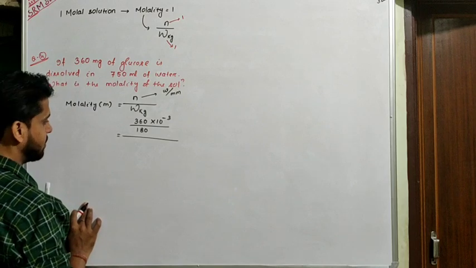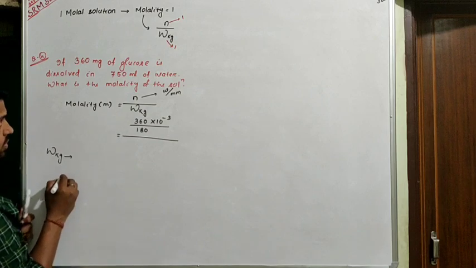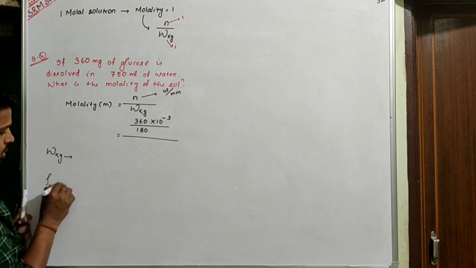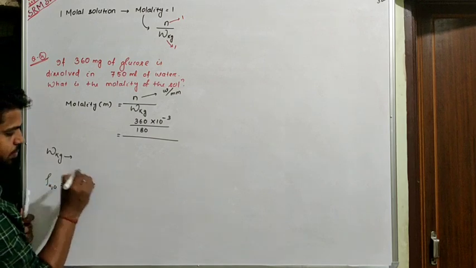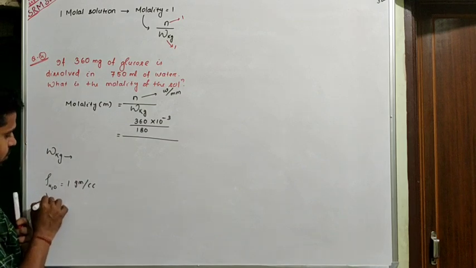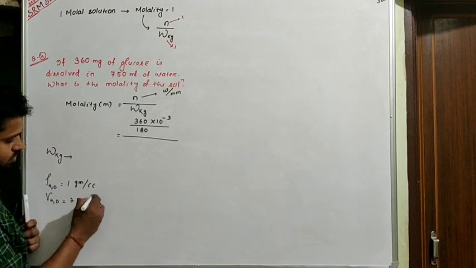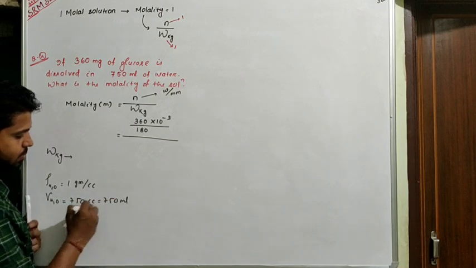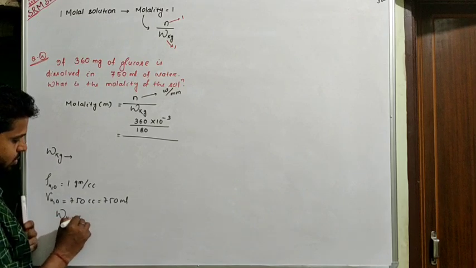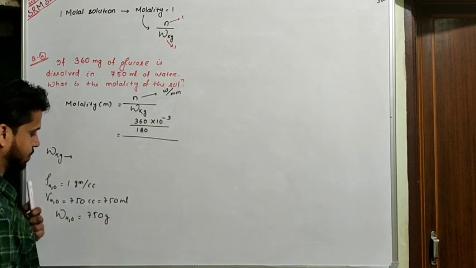We know density of water is 1 gram per cc, so volume of water is 750 cc, that is 750 ml. So mass of the water is density into volume, that is 750 gram.